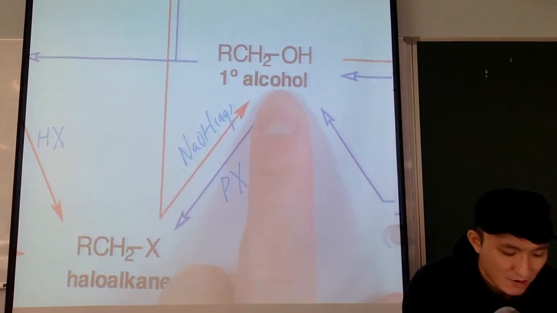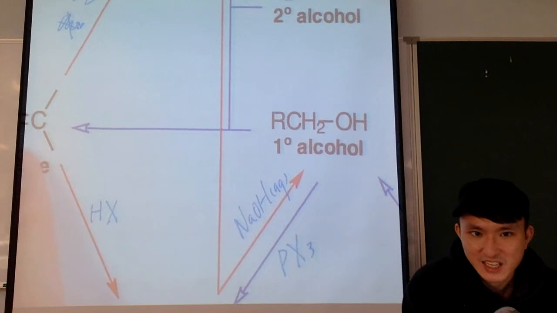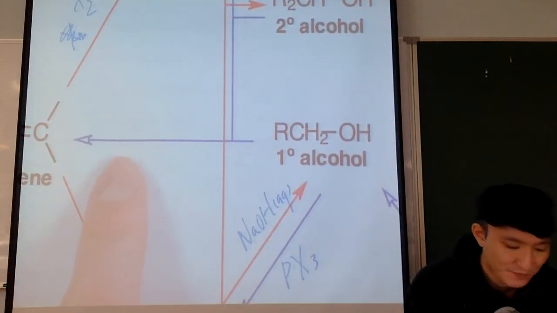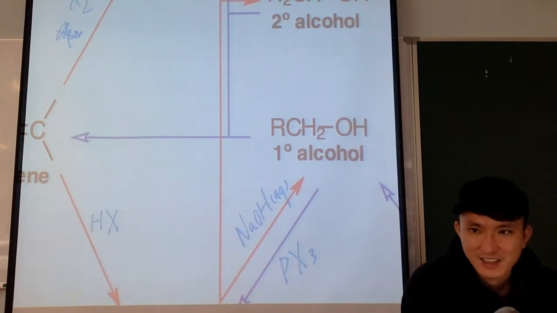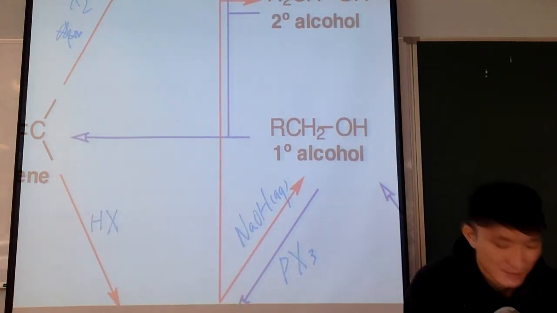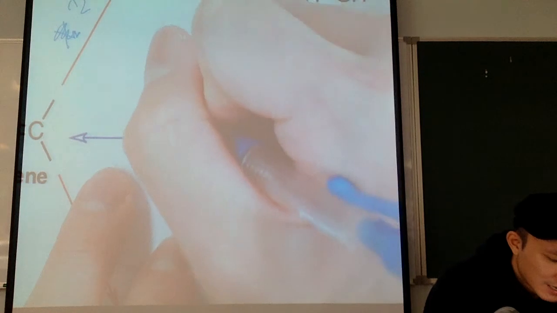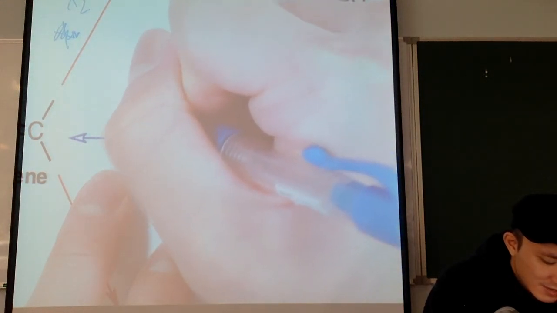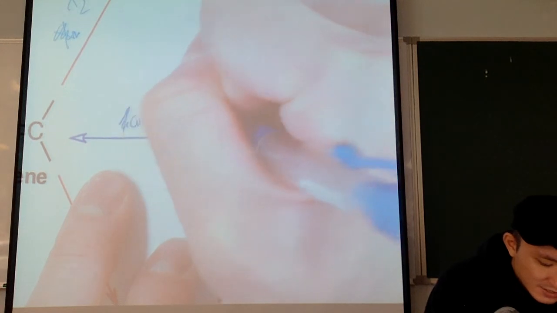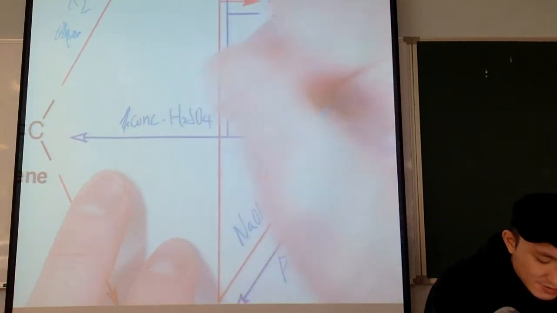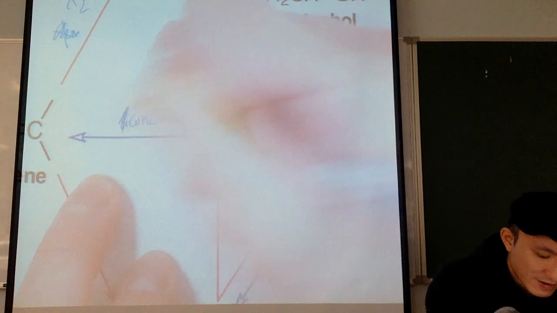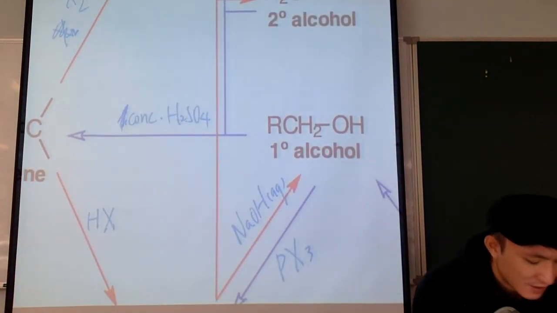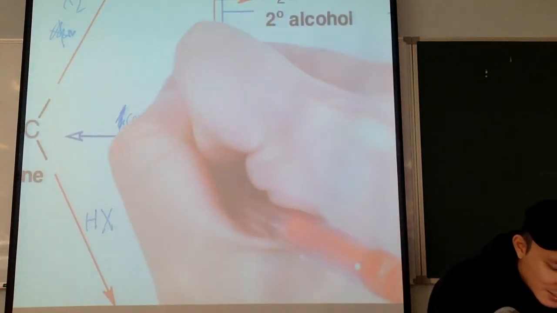Now, primary alcohol can be converted back to alkene. This reaction is obviously dehydration. Again, it depends on which type you want to use. For me, I would like concentrated sulfuric acid, and for this one, you must heat it.